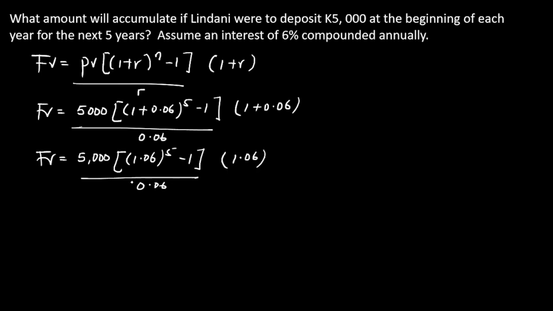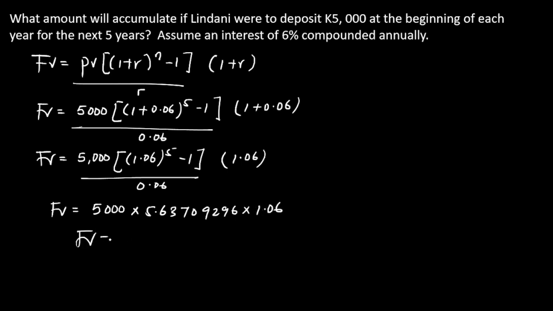So if you evaluate what is in the bracket, 1.06 to the power 5 minus 1, then divide by 0.06, we are going to have something like 5.637092 multiplied by 1.06.